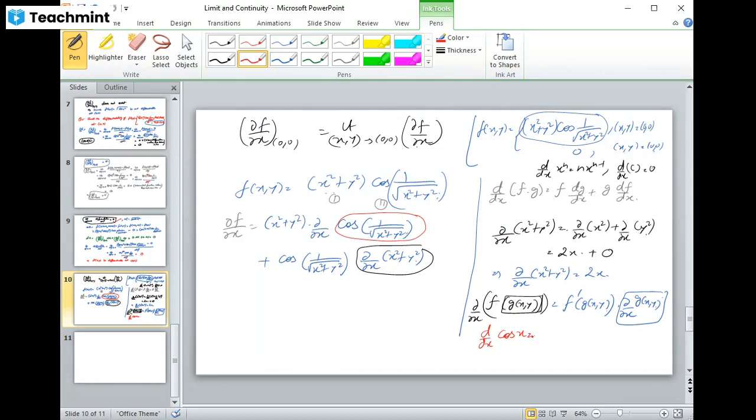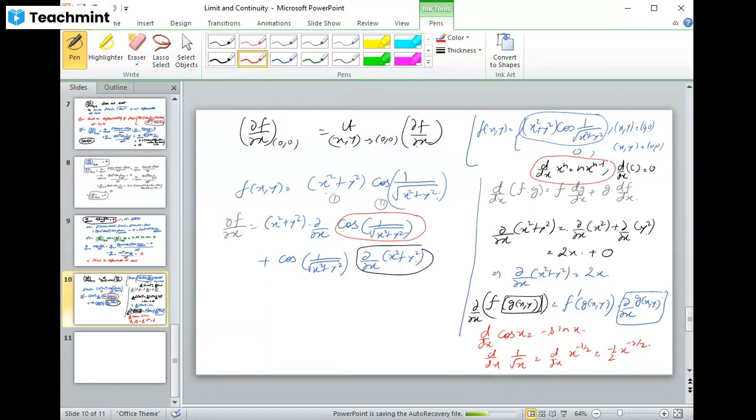Firstly, let me write, derivative of cos x is minus sin x, and derivative of 1 upon square root of x means derivative of x raised to the power minus 1 by 2, which is minus 1 by 2 x raised to the power minus 3 by 2, using the power rule.